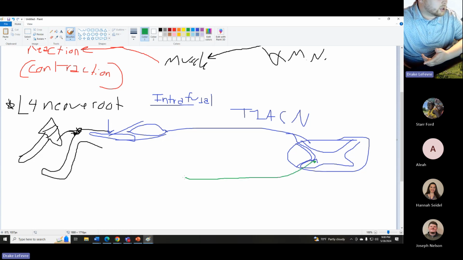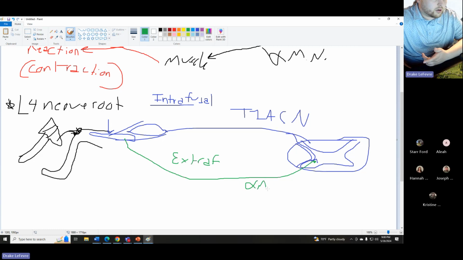That alpha motor neuron comes back to the quadriceps, goes to the extrafusal fibers. This is our alpha motor neuron. It goes to those extrafusal fibers and tells them, hey, you guys need to grab on, quickly contract, to make sure that our muscle doesn't stretch too quickly.